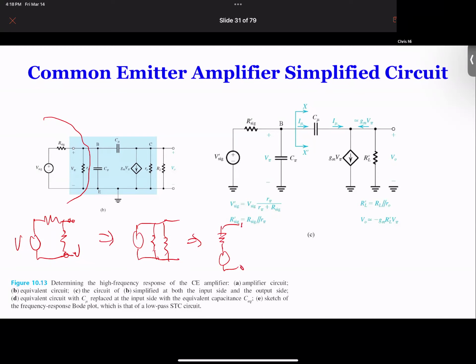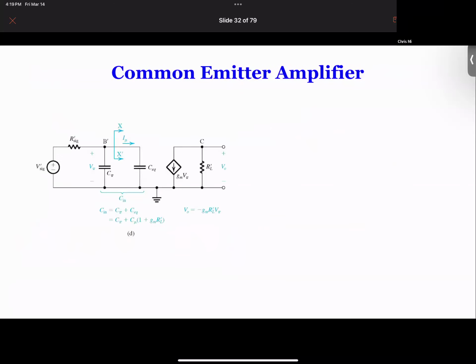This way, you can transfer the voltage source into a current source and put these two in parallel, and then convert this into a voltage source again. So that's why you can have a circuit simplified. Now, this simplification helps a little bit, but I don't think it really helps too much because you still have to write two nodal equations, right? But it just simplifies some of the symbols and makes life a little bit easier.